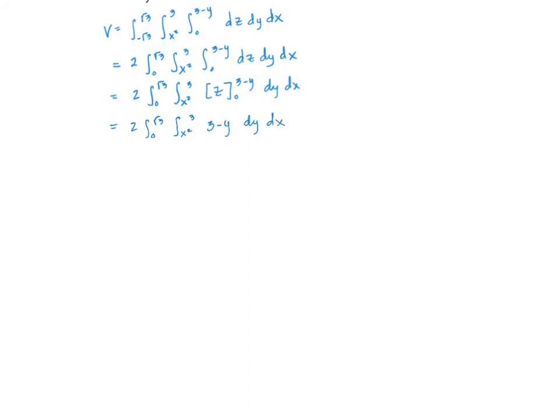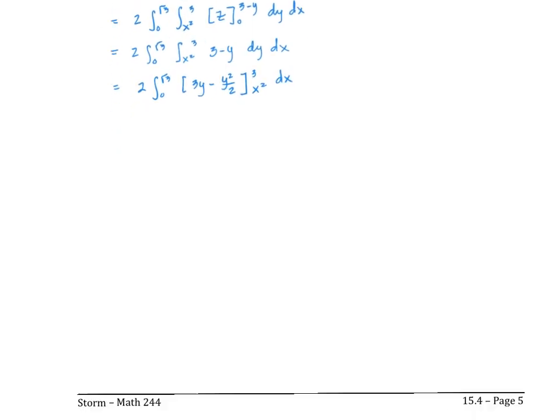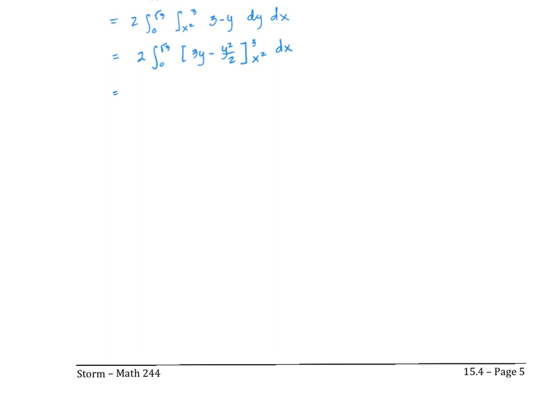So now when I integrate with respect to y, it's going to be 3y minus y squared over 2. All right. Oh, this is going to give me a little bit of a headache.